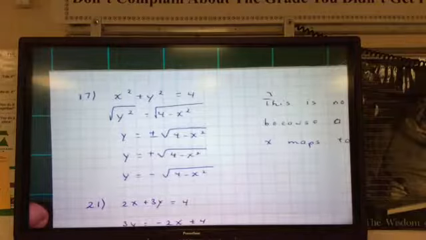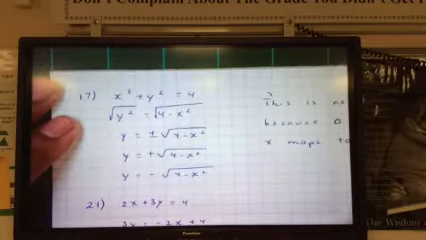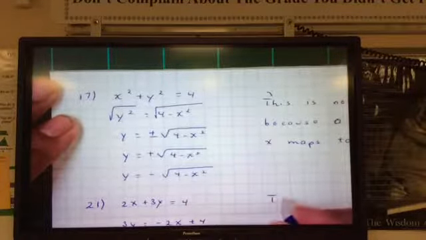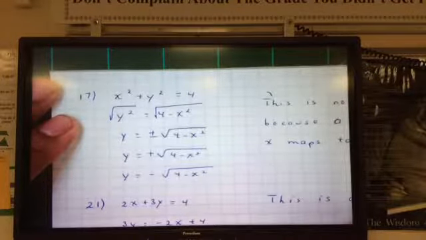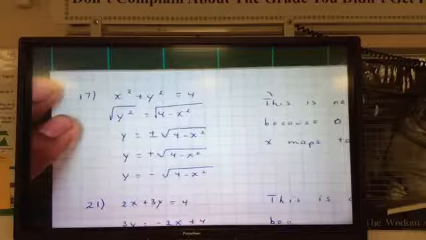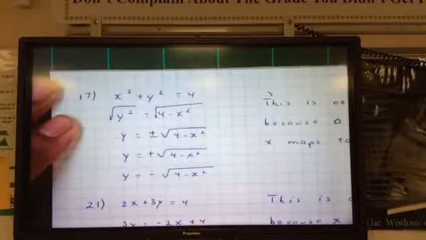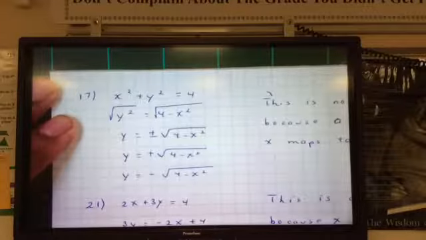Now you can also say it fails the vertical line test. And the second, number 21, this is a function because x maps uniquely to y. And you're done.